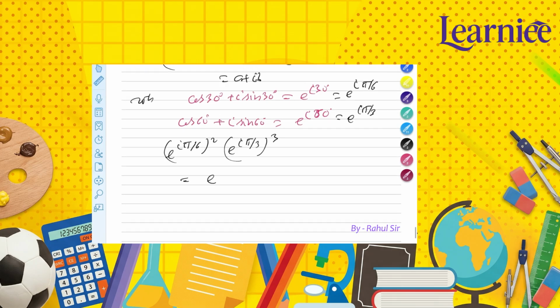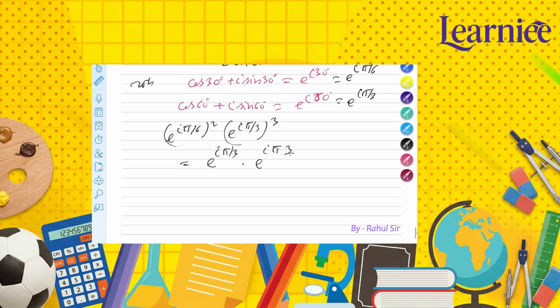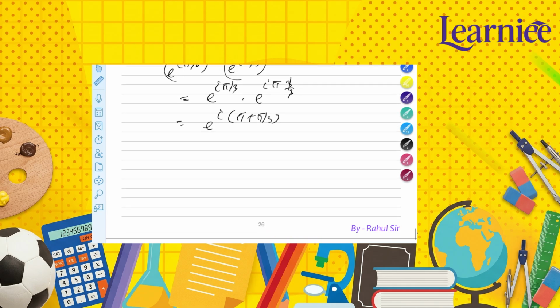Solving it, I will get e to the power i pi by 3 (from multiplying 2), and into e to the power i pi, the 3 by 3 cancels. So we will get e to the power i (pi plus pi by 3). Okay. So now writing it in trigonometric form, we have cos of (pi plus pi by 3) plus i sin of (pi plus pi by 3).